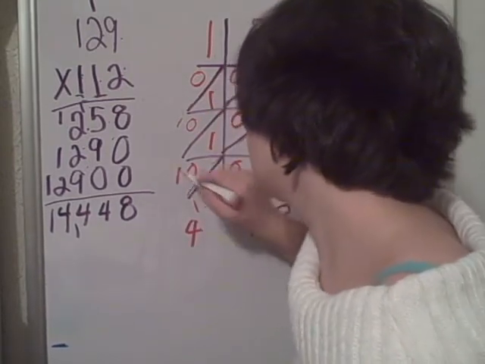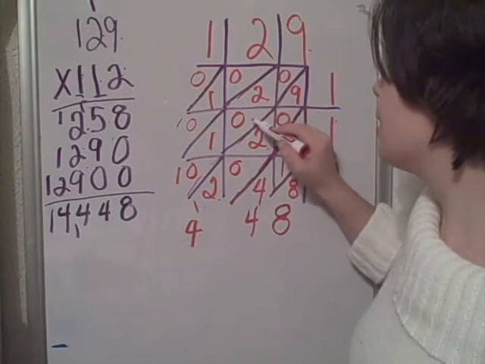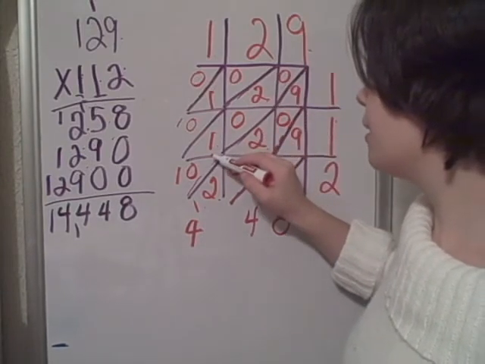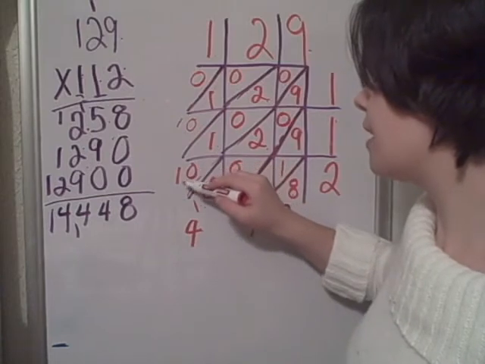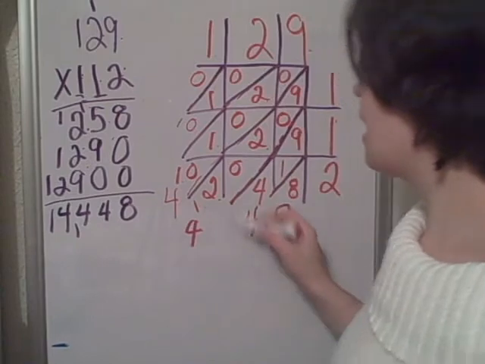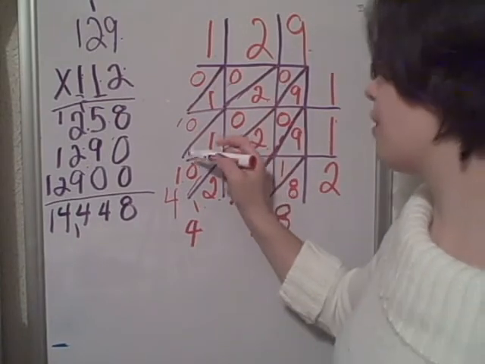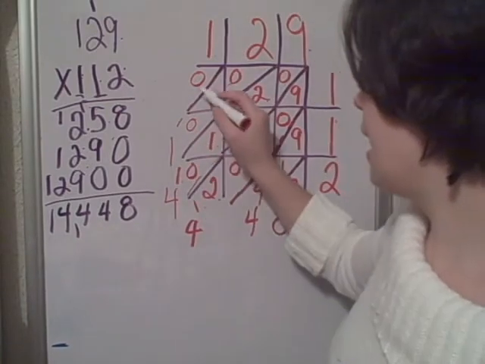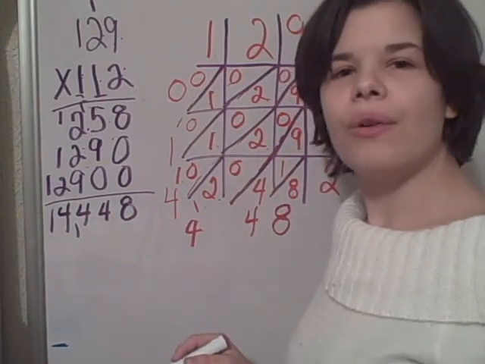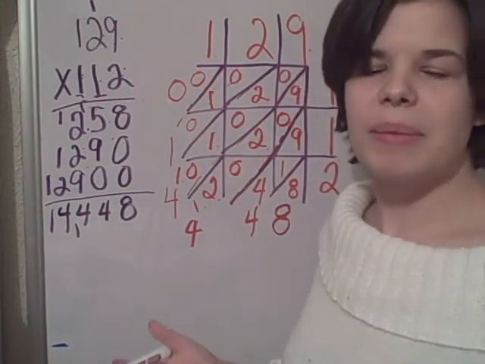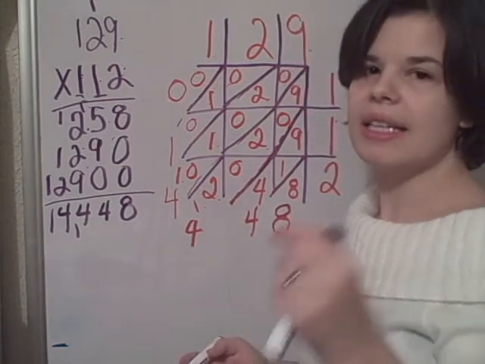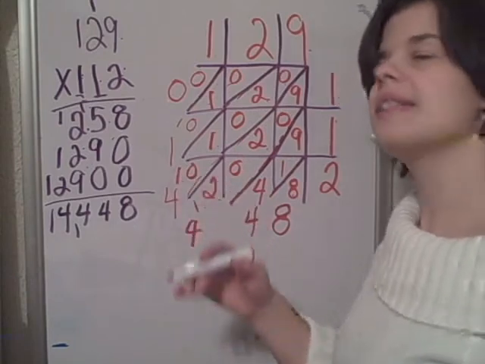We carry our 1. We have 2 plus 0 and 0 is 2, plus 1 is 3, plus 1 is 4. And finally, we have 1 plus 0 gives us 1. And then we just have a 0 up here. But we know that if there's a 0 in front of a number, we just disregard it because it doesn't change anything unless there's a decimal point in front of that 0.